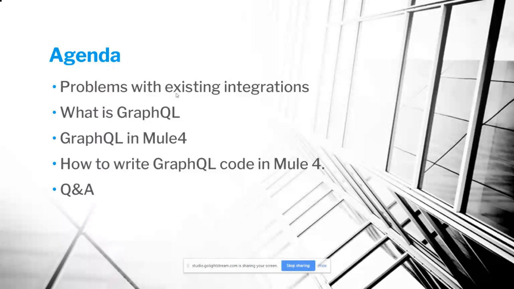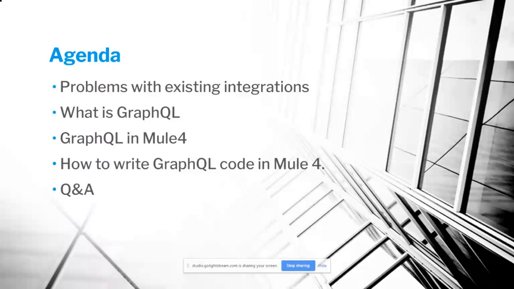So we'll be addressing that. Then maybe we can switch on to what is GraphQL and how we will be integrating that with MuleSoft and Mule 4 to be specific. And at the end, I have a small demo for you all. I have deployed that in CloudHub as well, so we can test that at runtime.